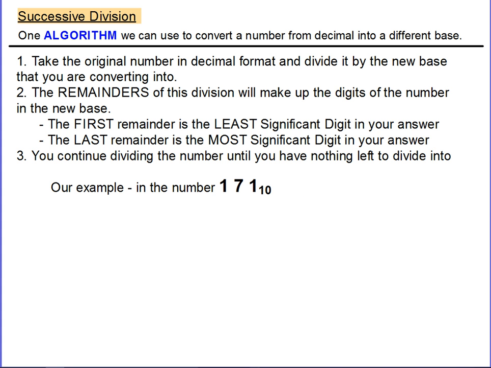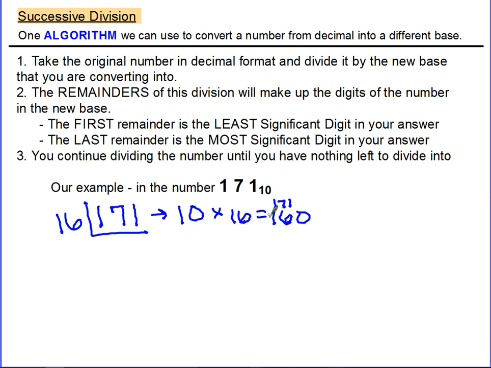So if we take a simple number, like 171, our example from before, and divide it by 16, 16 is going to go into 17 one time, and that would leave me with 11. Well, 16 can't go into 11, so it's going to go 10 times: 16 times 10 gives me 160. 171 minus 160 gives me a remainder of 11.